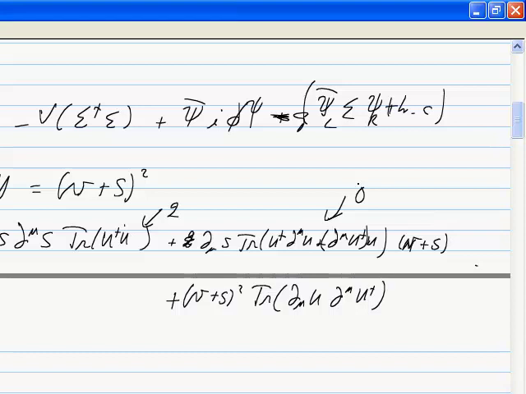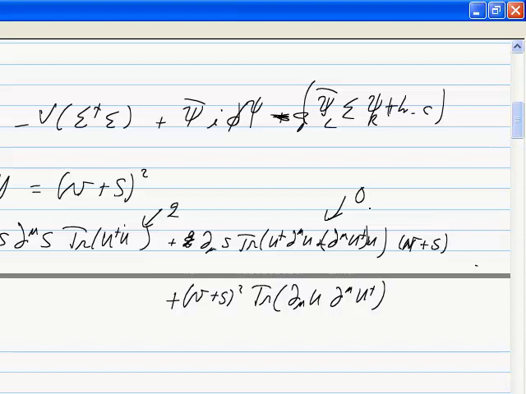The second term is 0. Looking at it, there's actually two ways to show it. One is I just happen to know, and we'll show you later, that each of those terms is separately traceless, so the trace kills it.